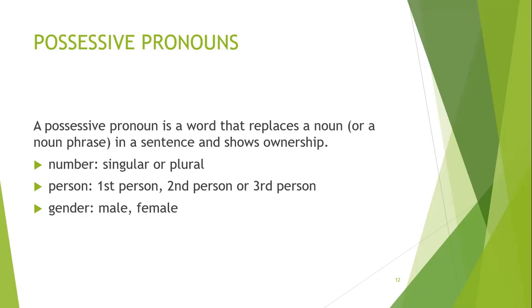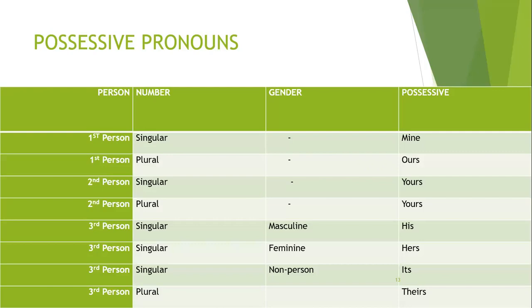So here you can identify the possessive pronouns by the number, the person, and the gender. If it's number, you're talking about whether it is singular or plural. If it's the person, you are looking at whether it's first person, second person, or third person. And if it's gender, whether it's male or female, or even neuter as well. So let's see.